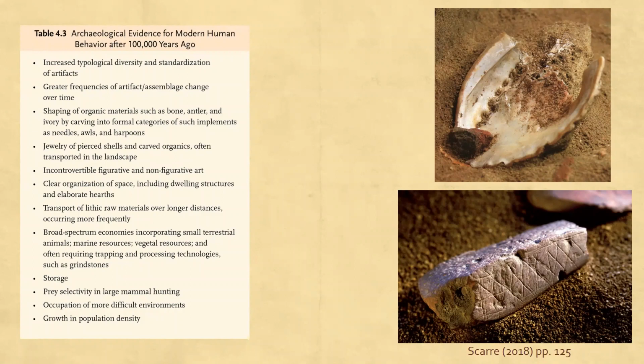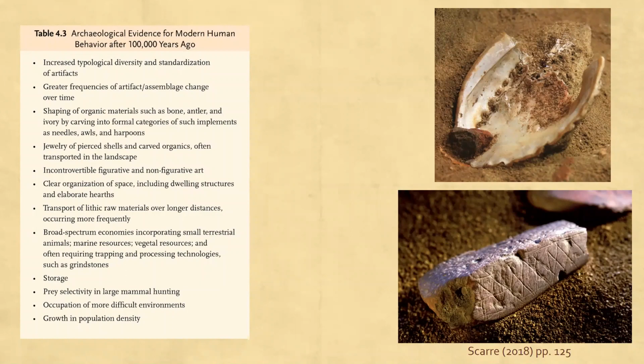We see faster innovation and evolution of our technology, shaping of organic materials like bone and antler and ivory by carving them into formal categories such as implements, needles, awls, harpoons, pendants. We see jewelry or items of personal adornment like pierced shells and carved organics, often transported across the landscape and moved around. There's incontrovertible figurative and non-figurative art that appears among fully modern humans in Southern Africa.